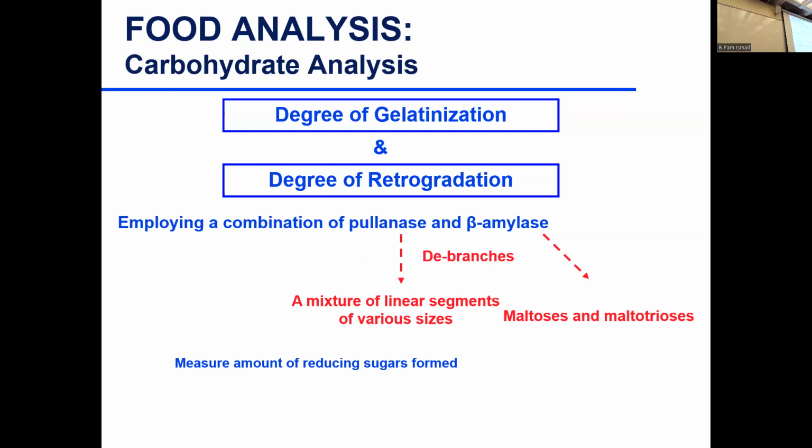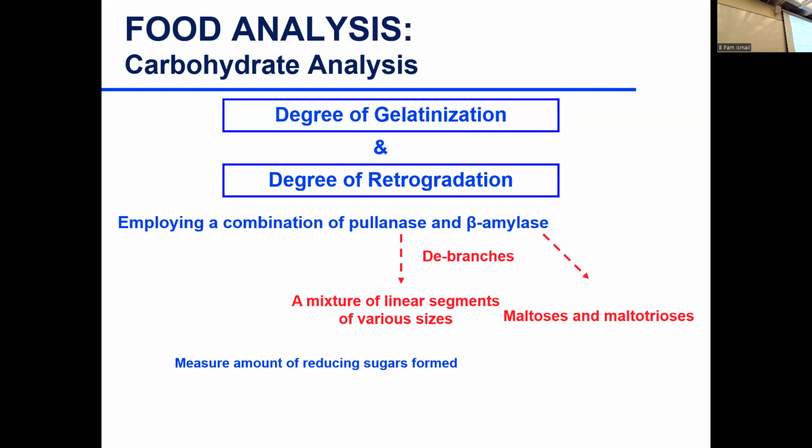Beta amylase is going to break down into maltoses and maltotrioses. These are reducing sugars. So first debranching, then beta amylase produces maltose and maltotriose. Reducing sugars, then I can use any of the reducing assays we talked about, say Somogyi-Nelson, to determine the amount of reducing sugar formed. The higher the amount of reducing sugar formed, the higher the degree of gelatinization.